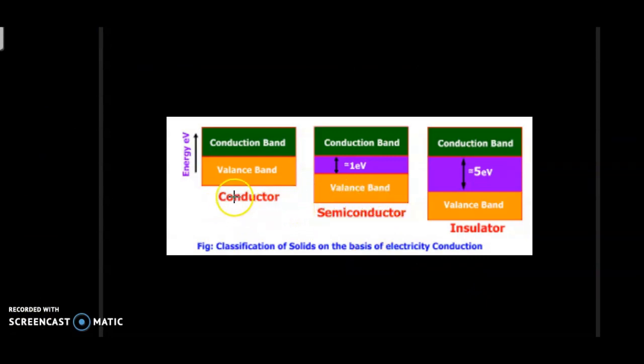Here you can see a detailed expression of the energy structures of different materials. In the conductor, there is no forbidden energy gap, whereas in a semiconductor, the forbidden energy gap is 1 electron volt, and in insulators, it is 5 electron volts. So unless electrons get the 5 electron volts, they cannot move from the valence band to the conduction band.